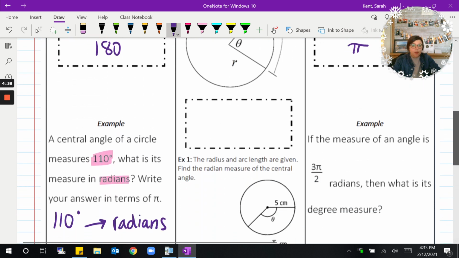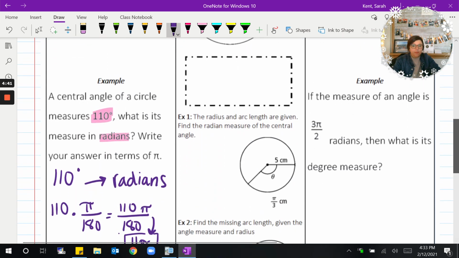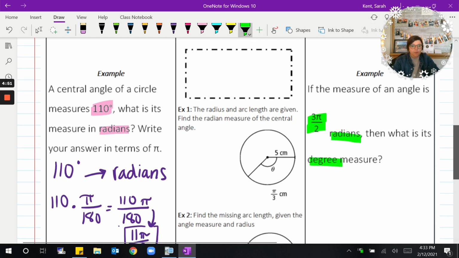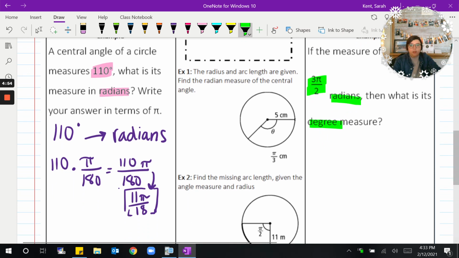In our example, it says if the measure of an angle is 3 pi over 2 radians, then what is its degree measure? For this one, I want to take 3 pi over 2 and change it to degrees.